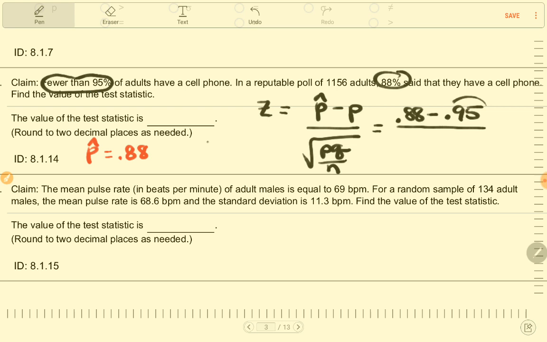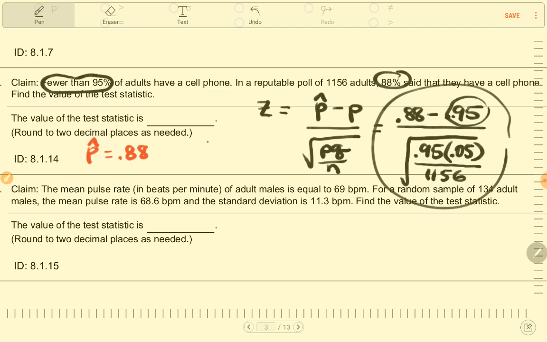And that's the reason that we use that right there. And then we put 0.95 times 0.05, because q is 1 minus p, divided by n, which is 1156. Right, so we'll calculate that, and that'll be the answer to our problem.